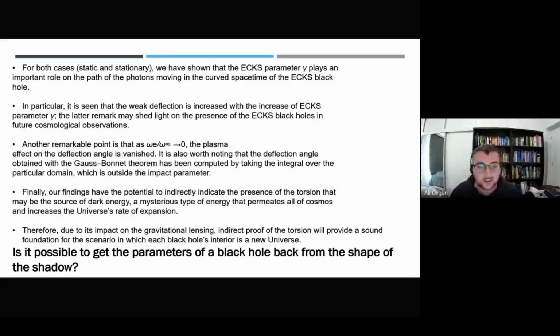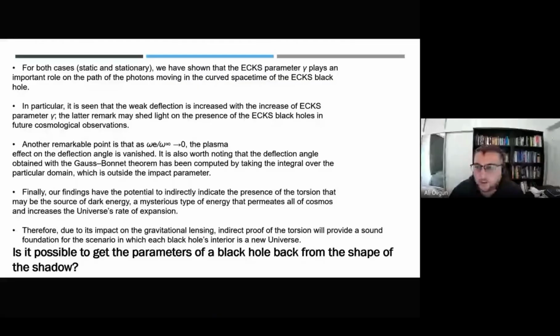Therefore, due to the impact on gravitational lensing, indirect proof of torsion will also provide a sound foundation for the scenario in which each black hole is the interior of a new universe. So the last question is: is it possible to get the parameters of a black hole back from the shape of the shadow?